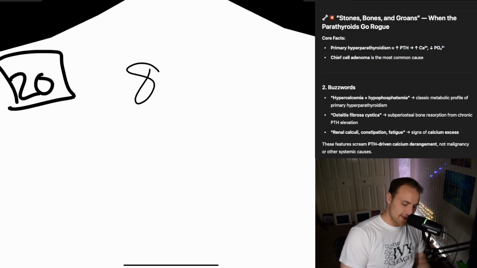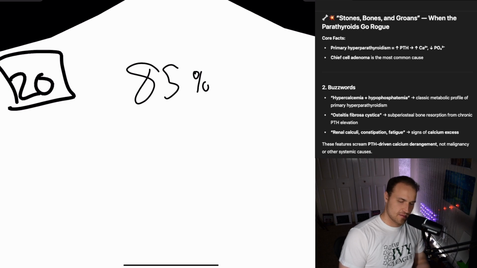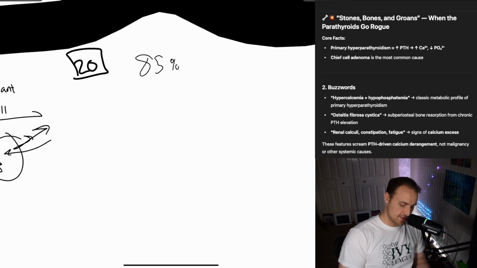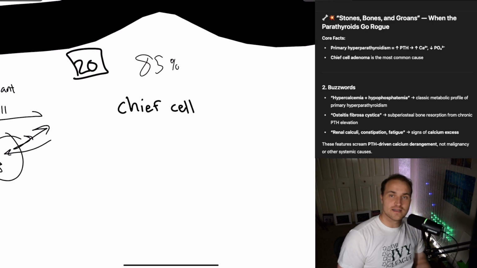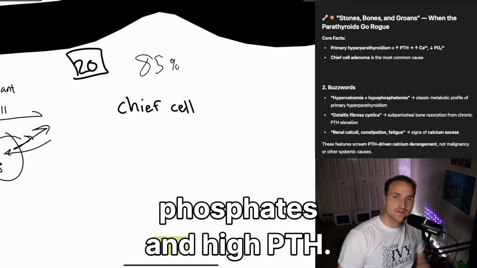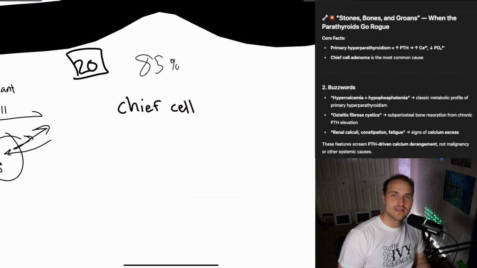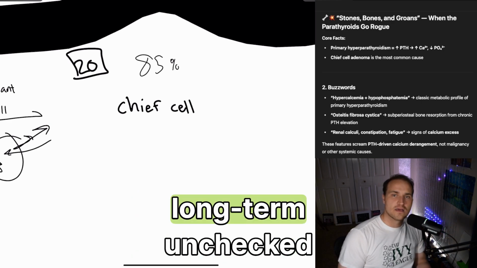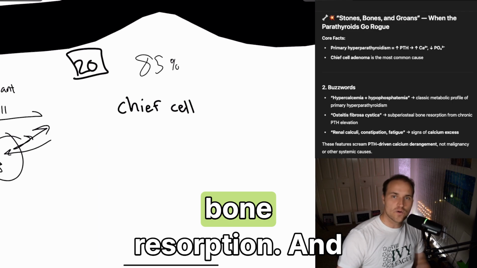Now, up to 85% of all primary hyperparathyroidism is going to be caused by chief cell adenoma. So we get a person who's got a lot of fatigue, bone pain, kidney problems, elevated calcium, low phosphate, and high PTH. And then you look at the imaging and you see osteitis fibrosa cystica. That's going to be long-term unchecked bone resorption.